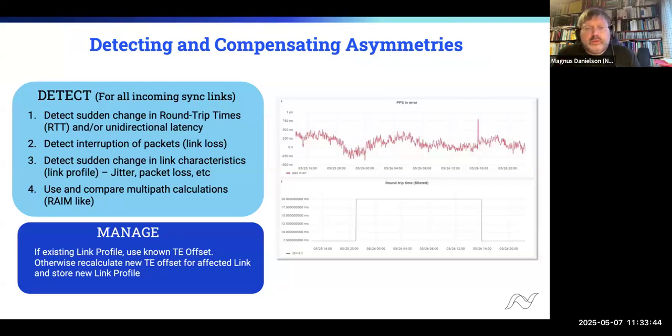Then I talked about the rerouting, and the critical thing there is, when the situation for a link changes, you need to learn that you now have a situation where your asymmetry compensation no longer is valid. There are a number of things you can do. We'll list a number here just to illustrate. You can, for instance, detect a sudden change in round trip time.